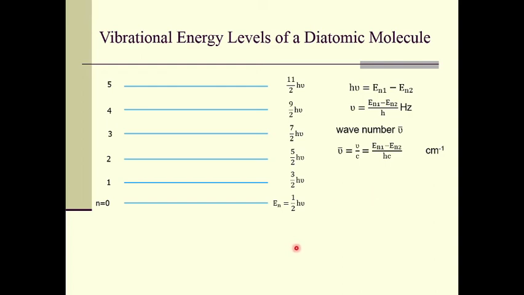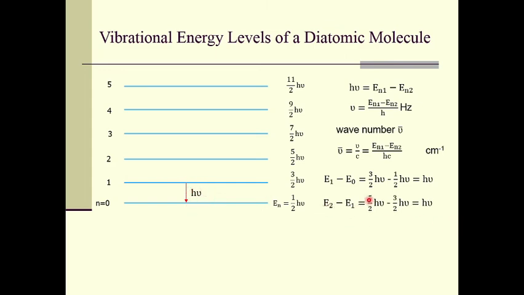We express the spectral terms in terms of wave number, and therefore let us say the transition between n is equal to 1 and n is equal to 0 takes place. In that case we get E1 minus E0 is equal to 3 by 2 h nu minus half h nu, which is equal to h nu, right? So that transition is here.